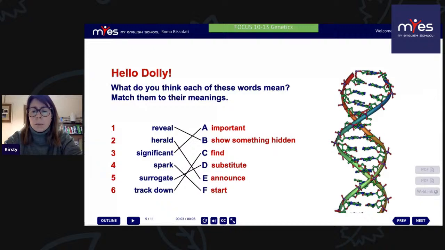So instead of Kim Kardashian having the baby, someone else had the baby on her behalf. But they had to obviously artificially inseminate the surrogate mother.